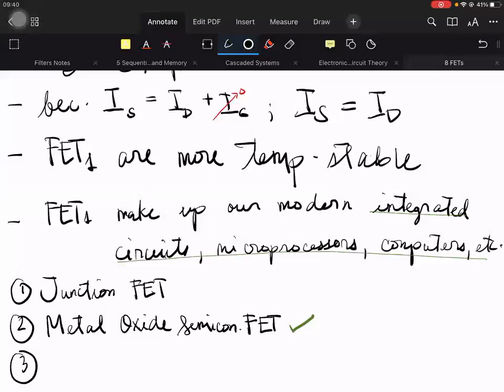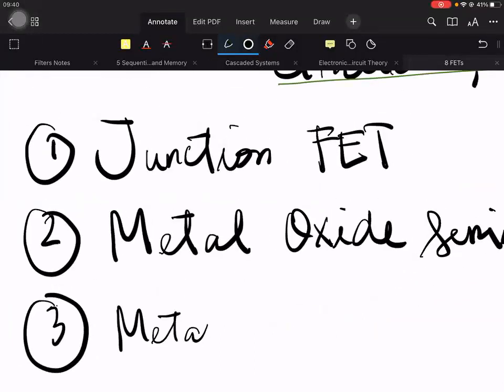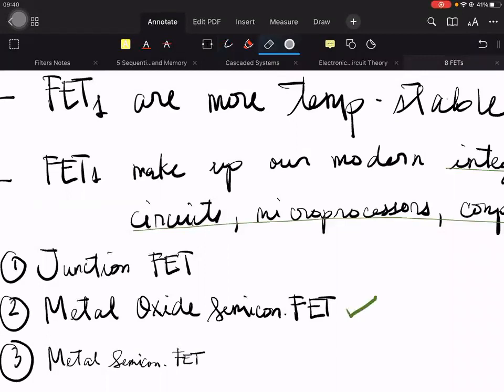And we also have MESFET, metal semiconductor FET. Not very common in its usage nowadays, but still existing.